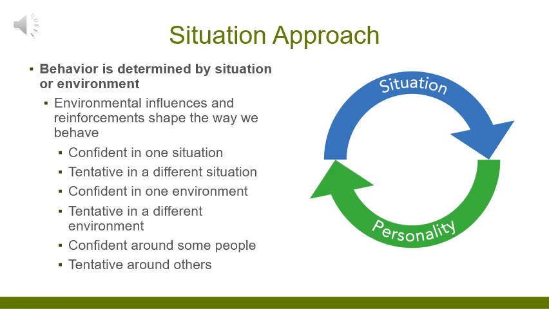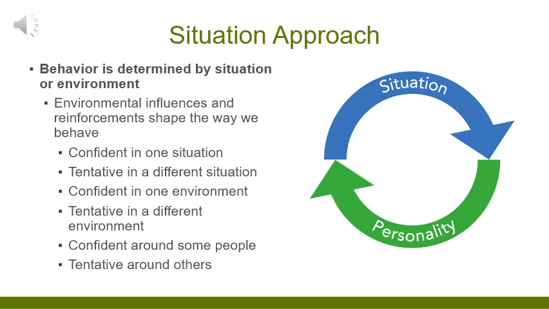The situational approach, on the other hand, says that behavior is determined by situation or environment, and not just one or the other. It says that environmental influences and reinforcements shape the way we behave. You could be confident in one situation and tentative in a different situation. You could be confident in one environment and tentative in a different environment.